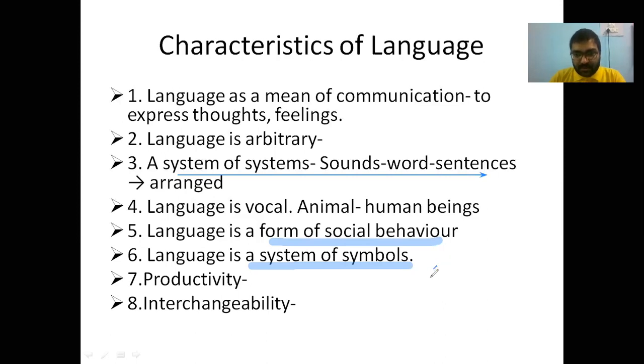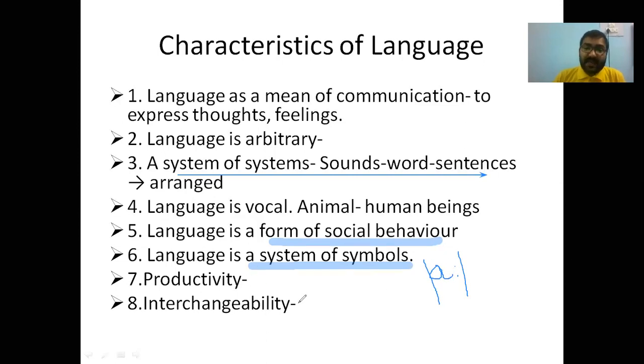So this is a sound. There are symbols, and we are using sound. We are making sound to use a language. So it is made up of symbols. It has a system of symbols.